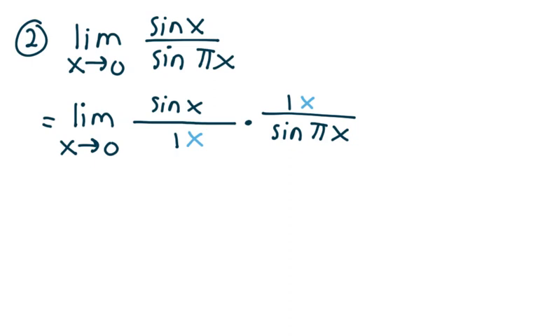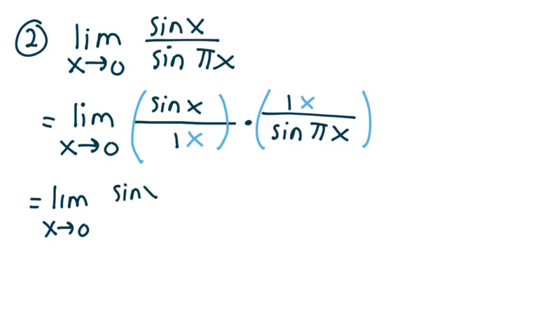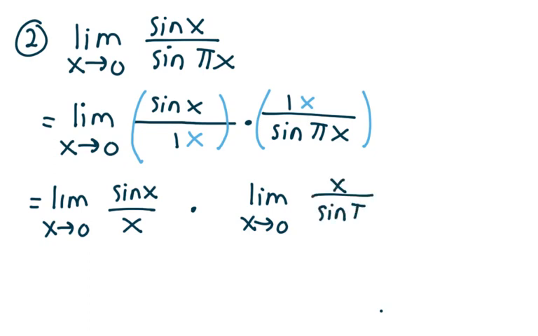Now, let's break it apart first. So we get the limit as x goes to 0 of sine x divided by x times the limit as x goes to 0 of x over sine pi x.